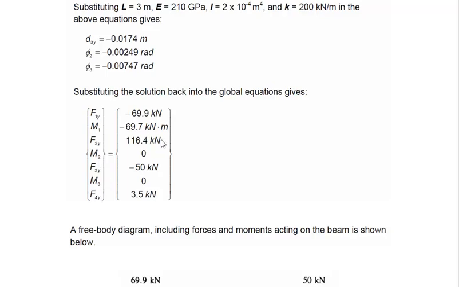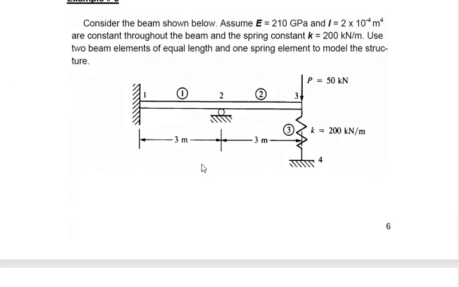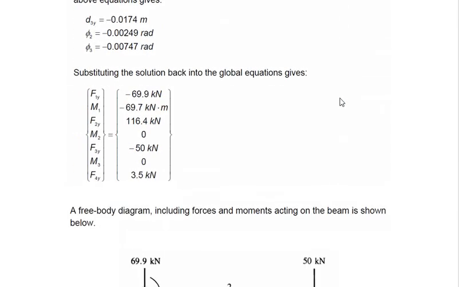And as we have discussed earlier, the known forces must come out to be the same, right? For example, in this case, the force at node number 3 is acting in the downward direction, equal to 50 kilonewton. So after calculating all the forces, this F3y must come out to be minus 50 kilonewton. If that's not the case, then it means we have made some mistake.